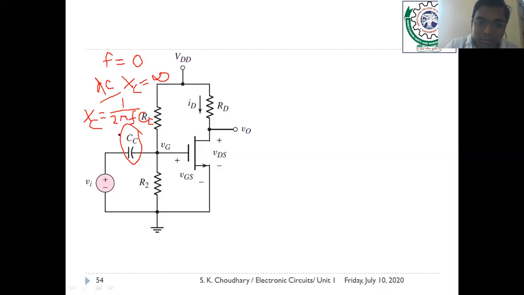So it would act as an insulating material, you can say current insulation. So it would act as an open circuit. This is the main reason: at DC, the reactance offered by the capacitance is nearly infinite, so it would act as an open circuit. So whatever voltage source you connect here, it would not allow the current to pass. So it would act as an open circuit. You can disconnect it from the circuitry also.